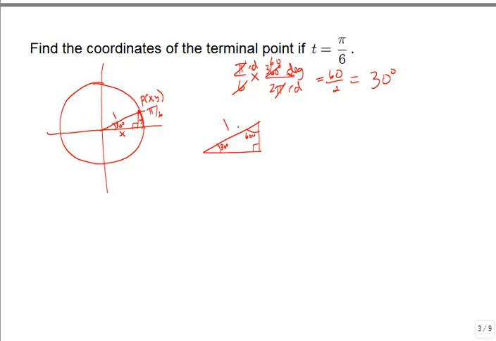Now, if we wanted to figure out what these side lengths were going to be, there's a little geometry that we're using. And this actually comes from an equilateral triangle. If you can visualize just doubling this down like this, what we would have is an equilateral triangle where this is 1, and this is 1.